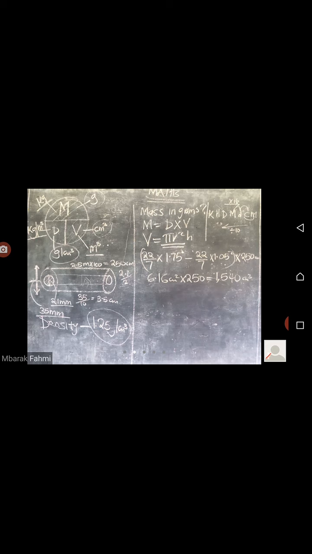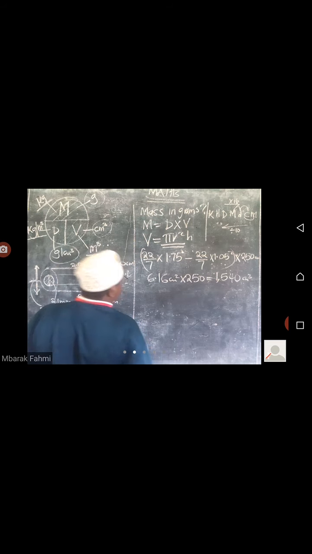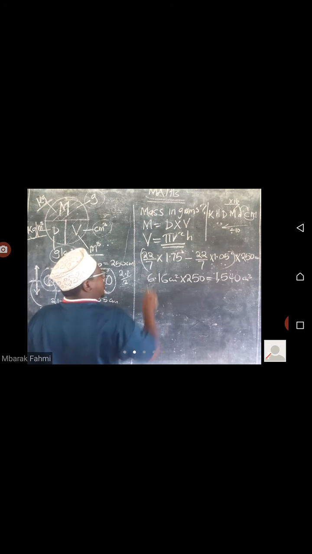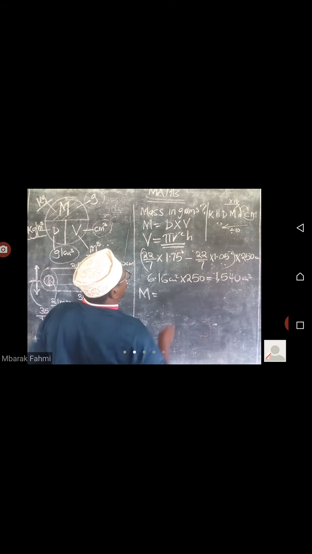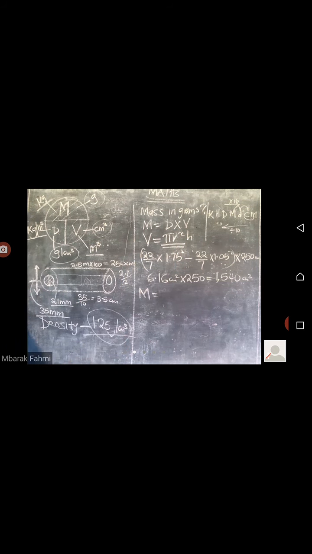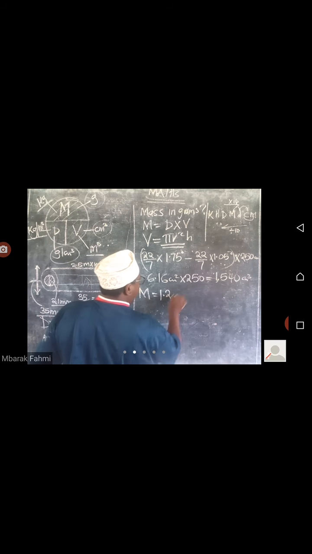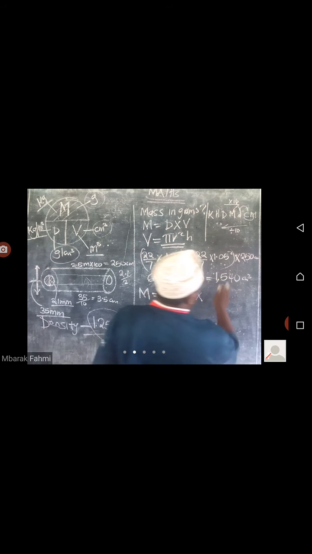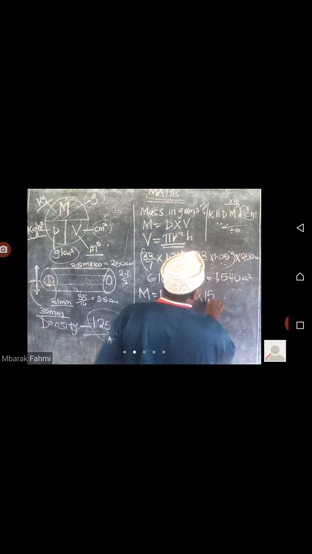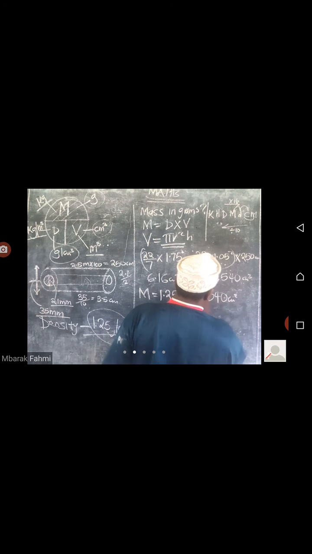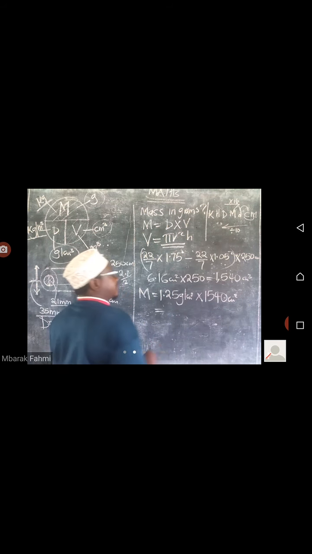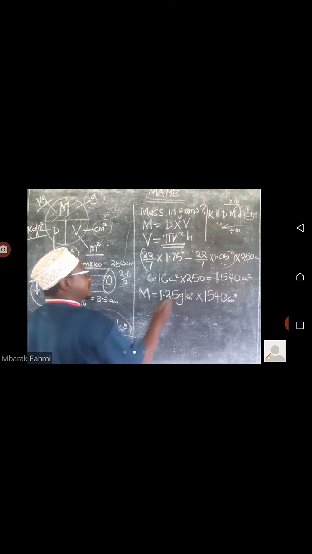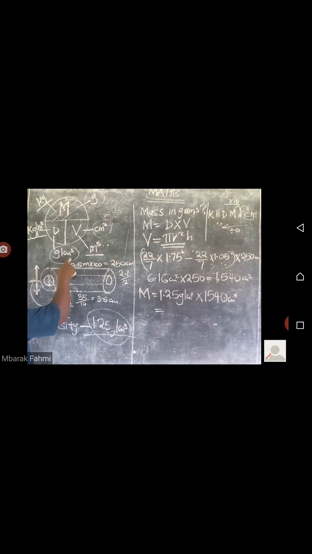So if we have the volume now, we can now calculate for what? We can now calculate for mass, where mass is equal to density, which is 1.25 grams per cubic centimeter, times the volume. Volume is 1,540 cubic centimeters, and therefore the mass is going to be in grams, because we say grams per cubic centimeter, volume in cubic centimeters, then the mass will be in grams.